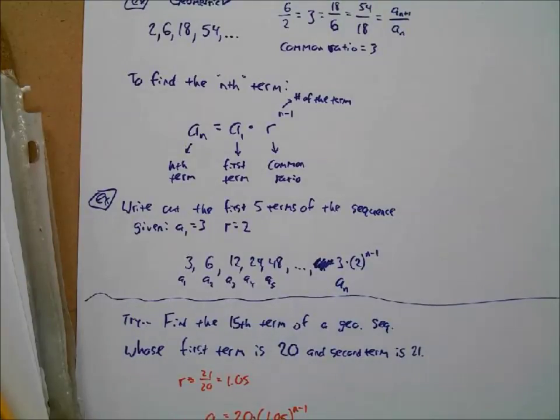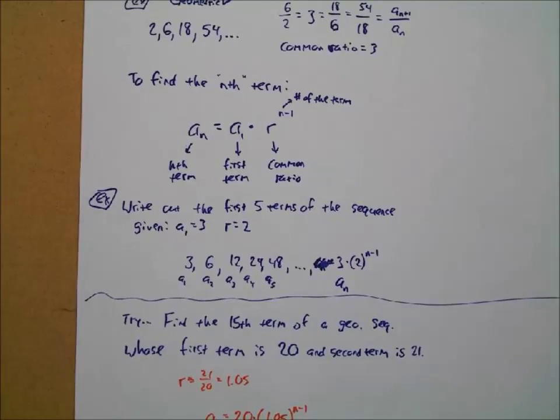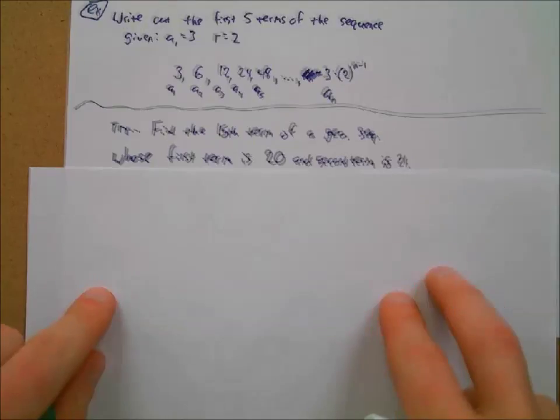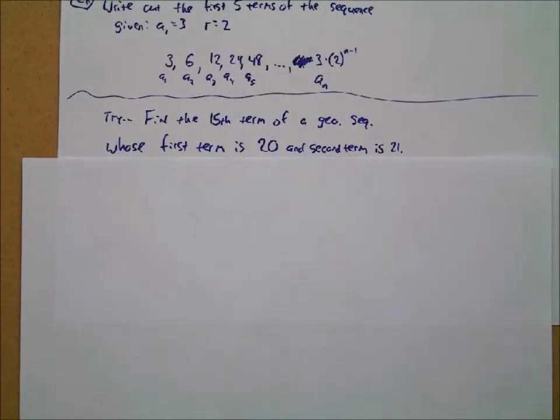We have the formula right up here on the board for you: a sub n equals a sub 1 times r to the n minus 1. We're trying to find the 15th term, so that means a sub 15 is what we want there.